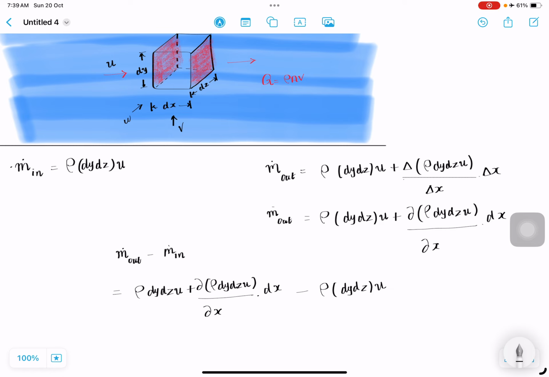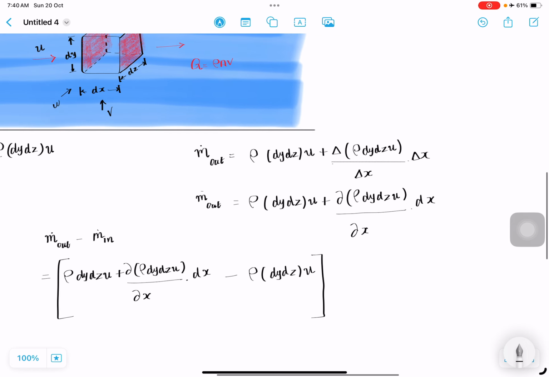In exactly the same fashion, I can also write the quantity of fluid that is coming out along the y direction and coming in along the y direction. I can represent that. So let us say that the quantity of fluid that is coming out along the y direction is going to be greater than the quantity of fluid that is coming in along the y direction.